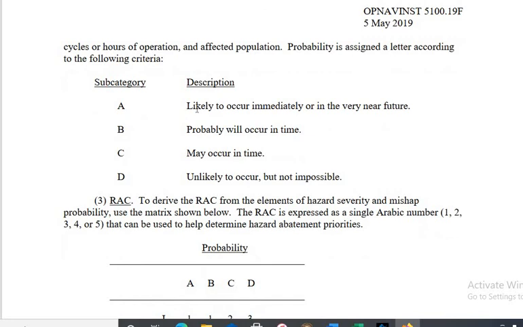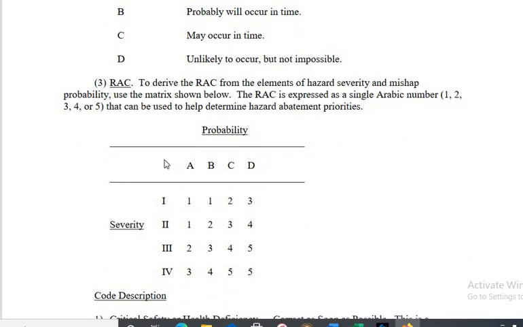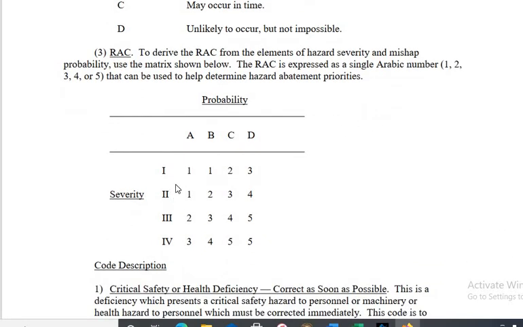So you got your A, B, C, D. Alpha, likely to occur immediately, so this thing's going to blow up today. B, probably will happen. C, yeah, it might happen. D, unlikely to occur.